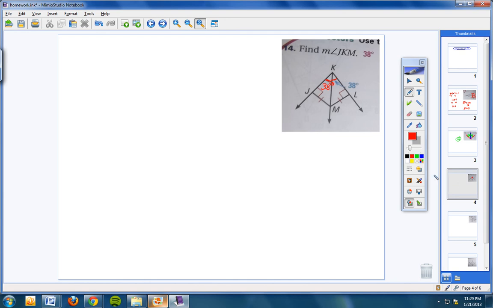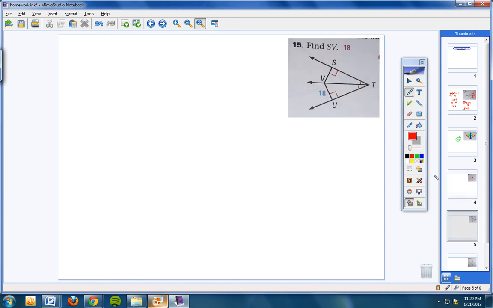Let's move on to number 15. They want us to find the length of SV, which is this length right here. Well, this is getting really redundant. I think you guys are really getting this. I have an angle bisected, and I know it's bisected because this angle is congruent to this angle.